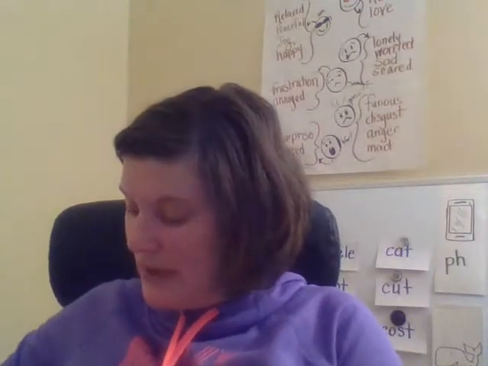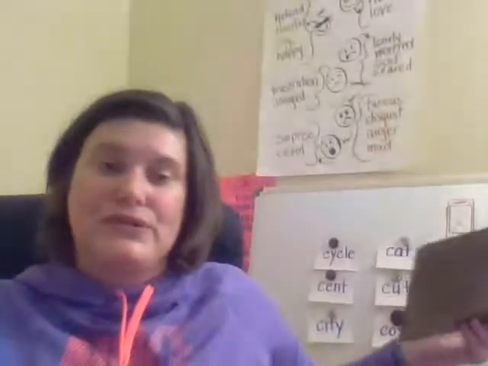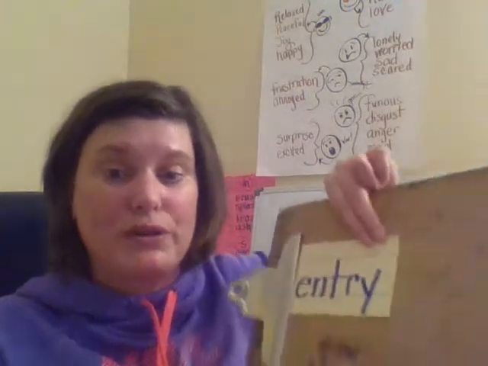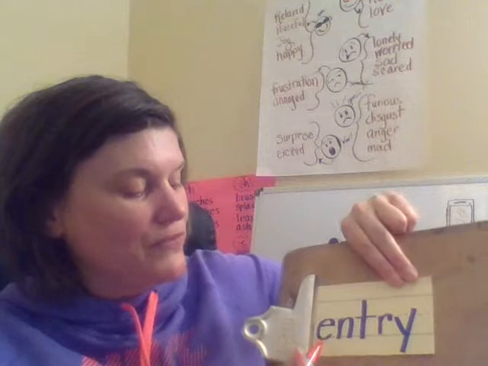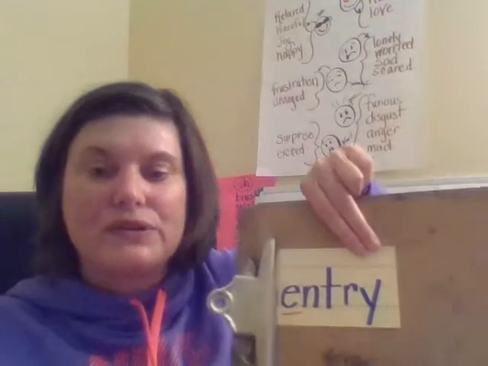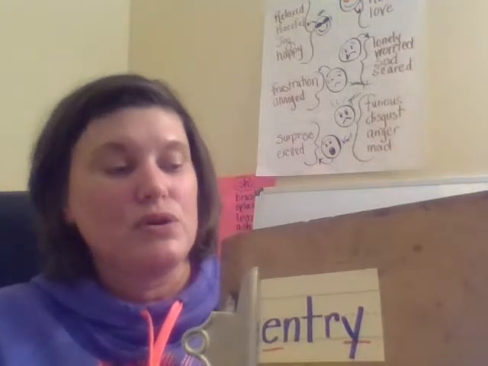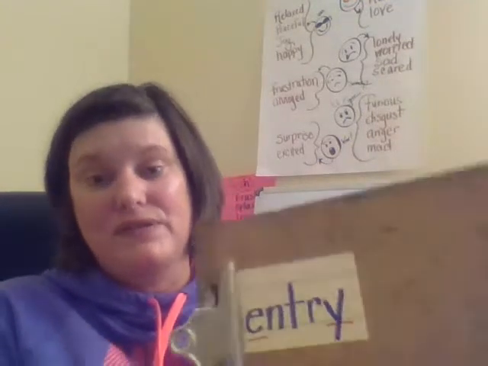Okay, now we're going to figure out how we can break a new word into the syllables, because that's what we have to do to unlock a word that we don't know. So remember, first thing we do is we find the vowels. And we know the Y, when it's at the end of a word, it is acting as if it's a vowel.